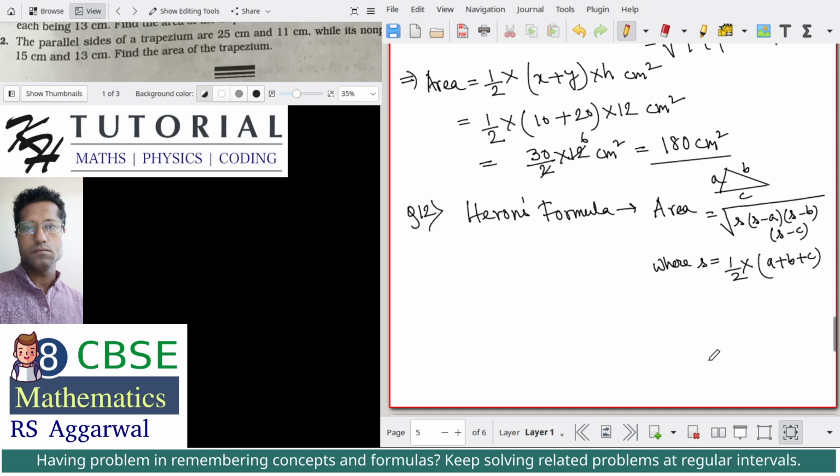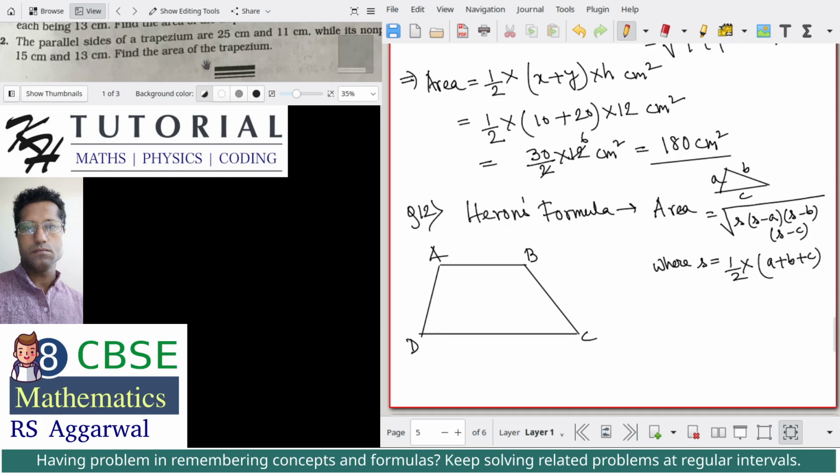Okay, how do we use this formula? You can watch my video where I have discussed how to find the area of a trapezium from the length of all its sides. So basically, let's say this is the trapezium ABCD.